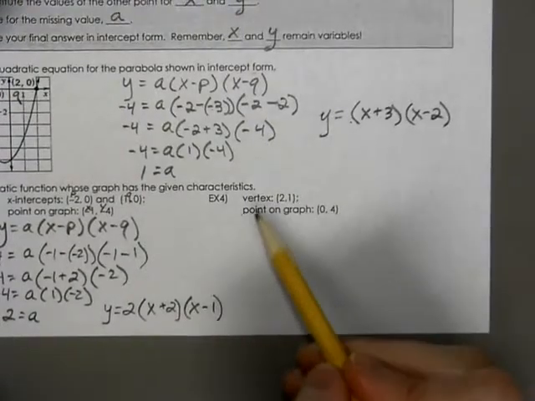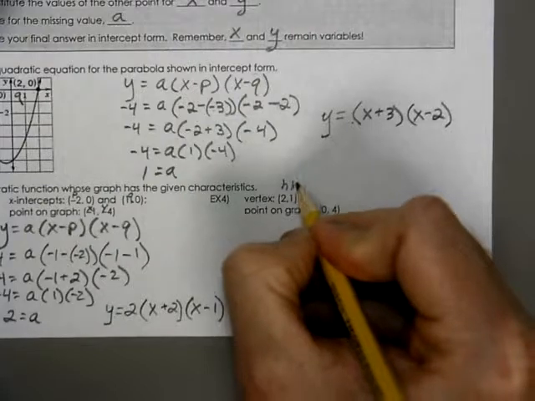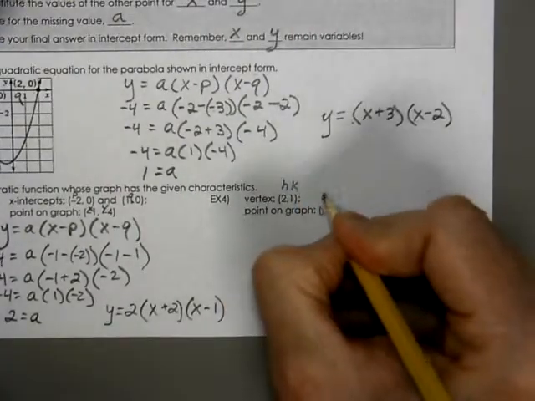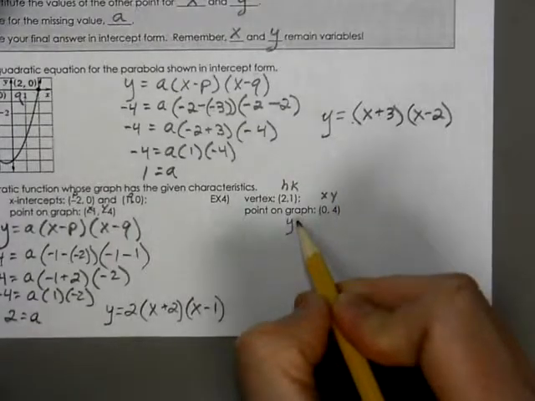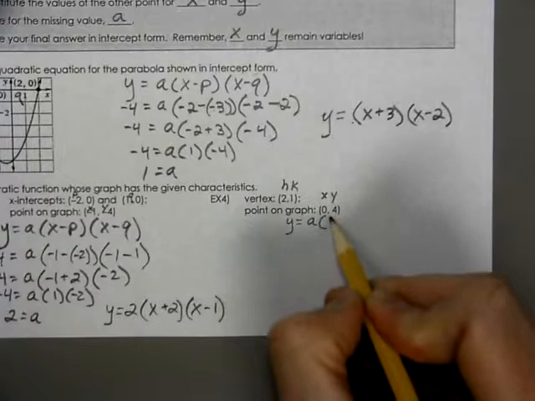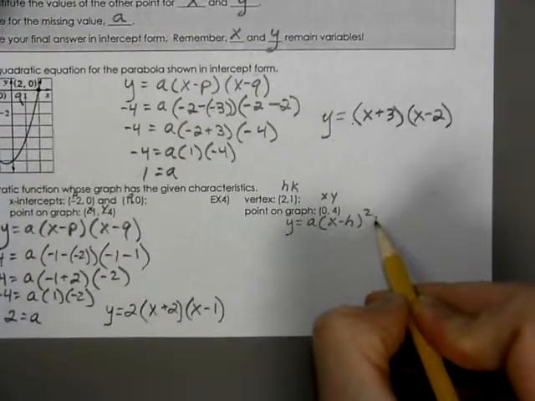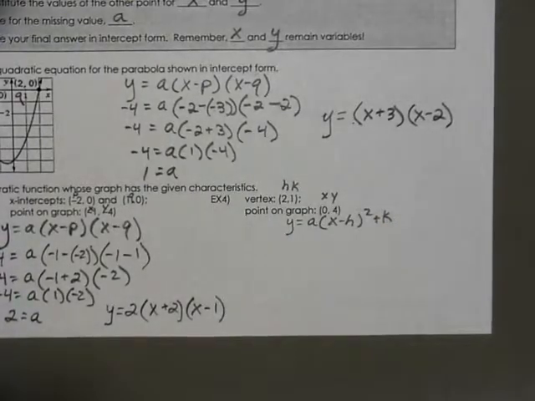For this next question, they give us the vertex, so we know that that is your h and k. They give us a point on the graph, which is your x and your y. So that's our basic equation for vertex form, a standard equation in vertex form.